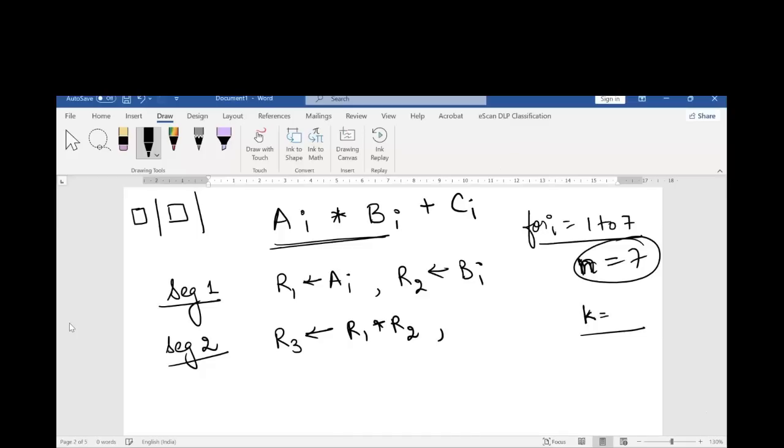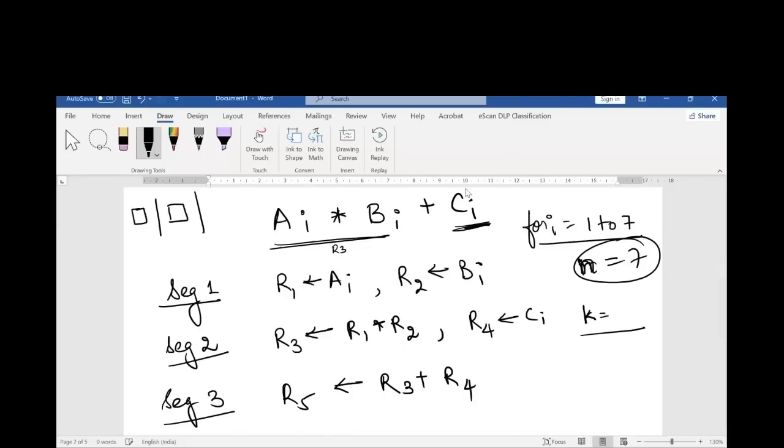And simultaneously, can I load the value of C into R3? Sorry, R4? Okay, so now my R3 and R4 are also ready. In the first segment, R1 and R2 were ready. In the second segment, we loaded R3 with R1 into R2, and Ci to R4. And in the final segment, segment 3, R5 is equal to R3 plus R4.